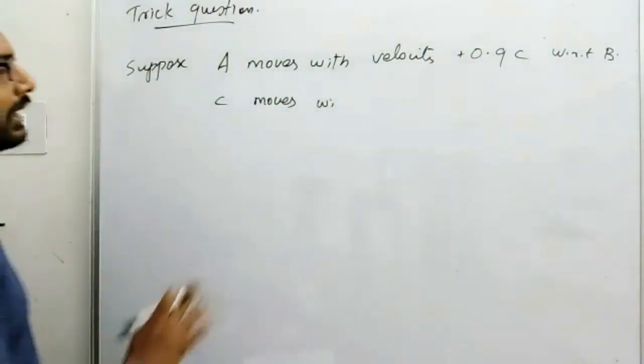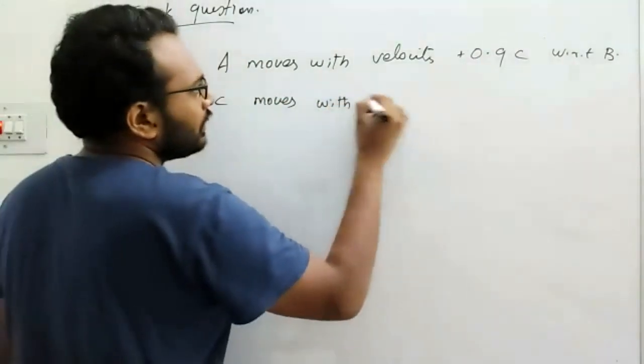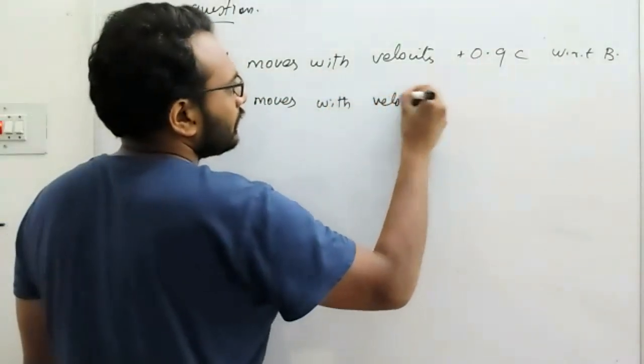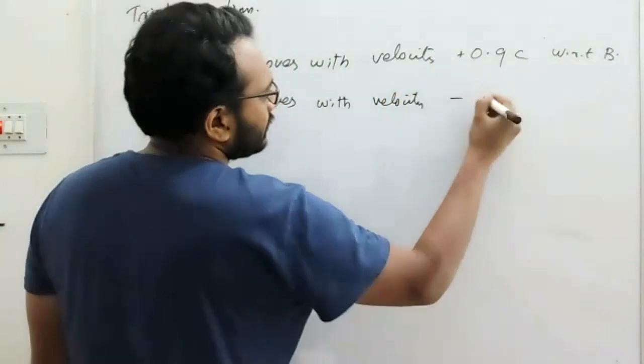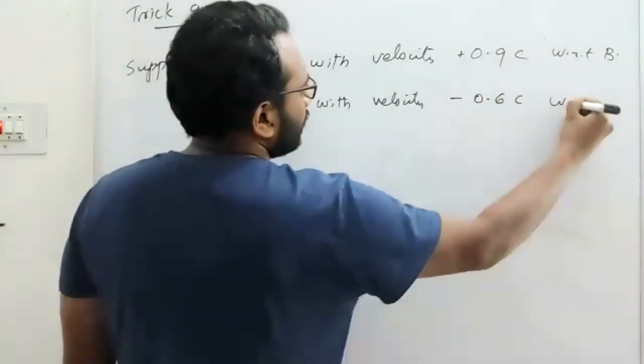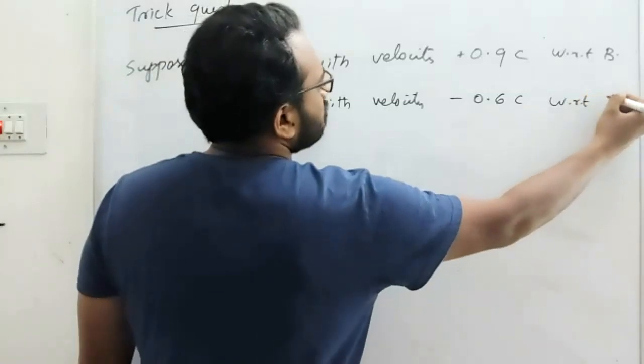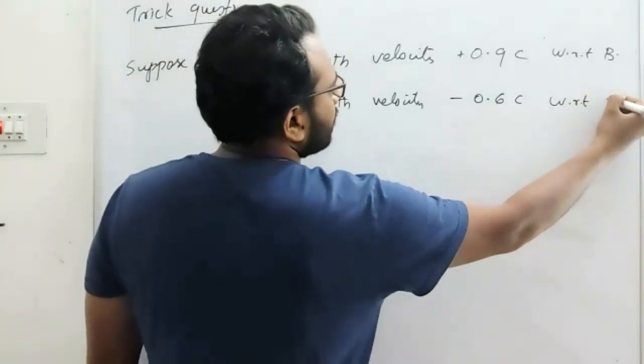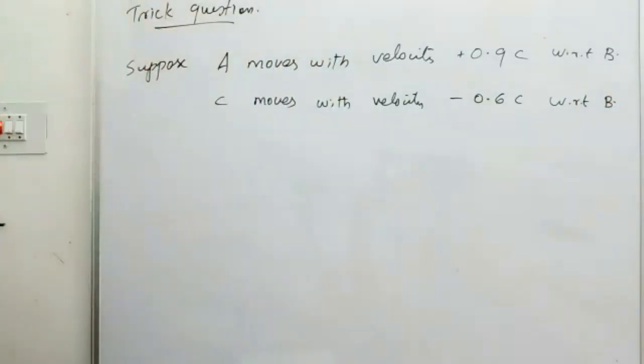We're just talking about one dimension. And C moves with velocity, let's say minus 0.6 c with respect to B. This is the question.